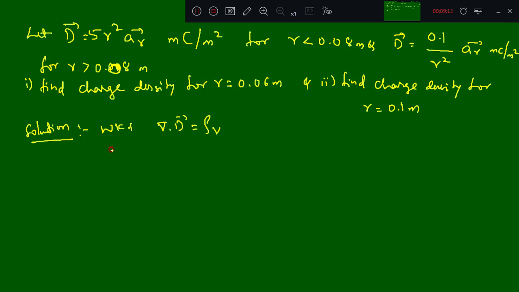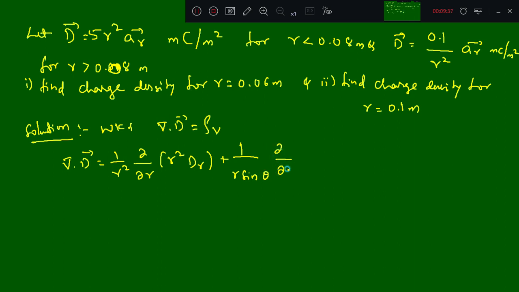For the spherical coordinate system we have del dot D is equal to 1 divided by r square ∂/∂r of r square D_r, plus 1 divided by r sin theta ∂/∂theta of sin theta D_theta, plus 1 divided by r sin theta ∂/∂phi of D_phi. Okay, so this is the equation.